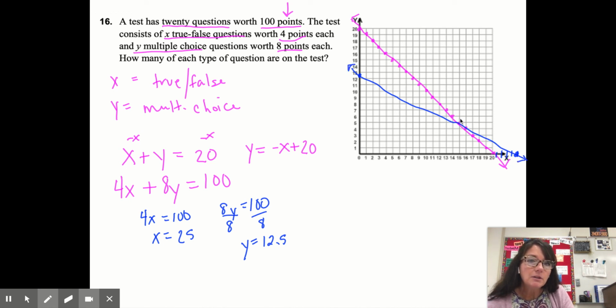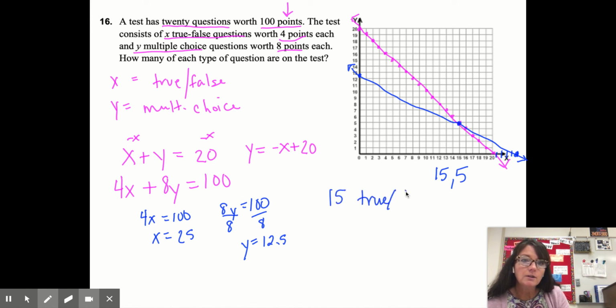All right. So it looks to be that they are intersecting at about right here, which is a 15 for my x and a 5 for my y. And what that means, or the implications for this problem, is that I would have 15 true false and 5 multiple choice.